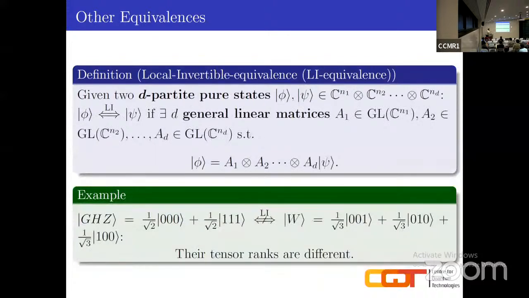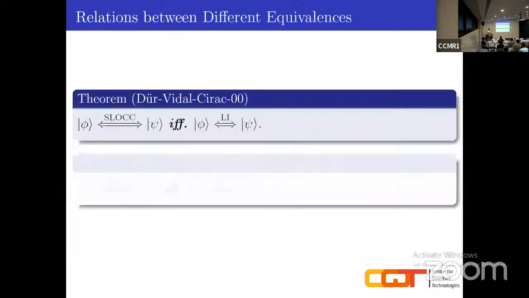Here is an example where these two states are not LI equivalent, because the tensor rank for the GHZ state is 2, and the tensor rank for the W state is 3. And by invertible matrices, you cannot change the tensor rank of a state. So first we have a theorem which was proved by Dür, Vidal and Cirac in 2000.